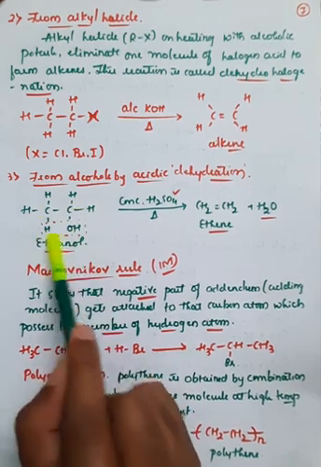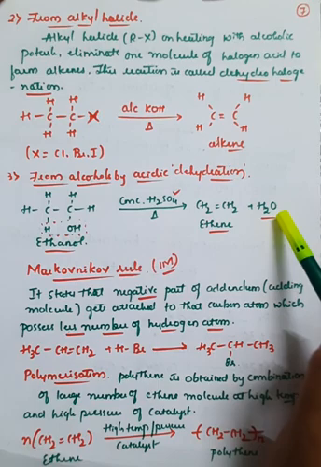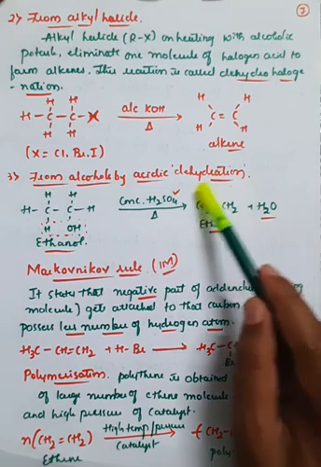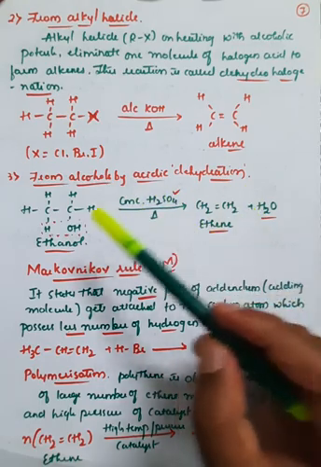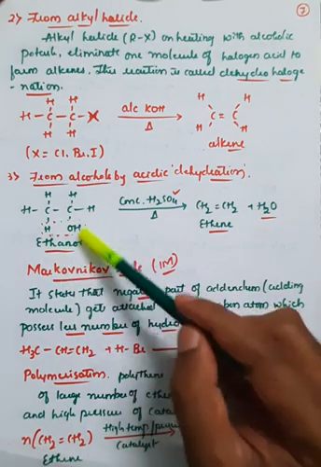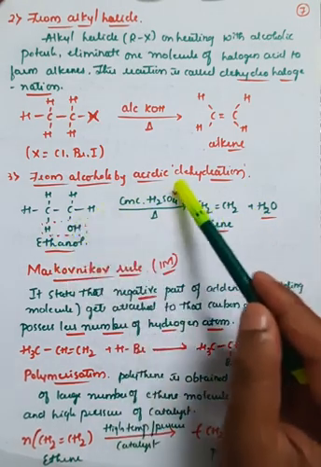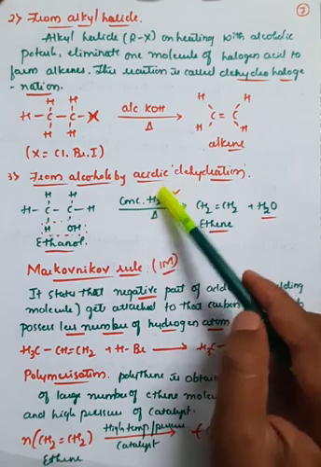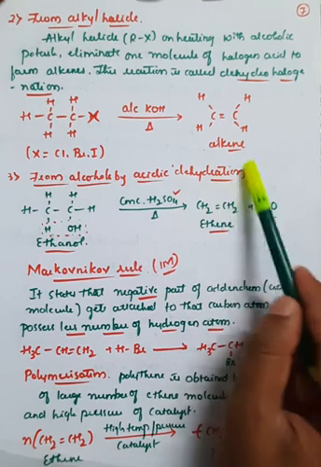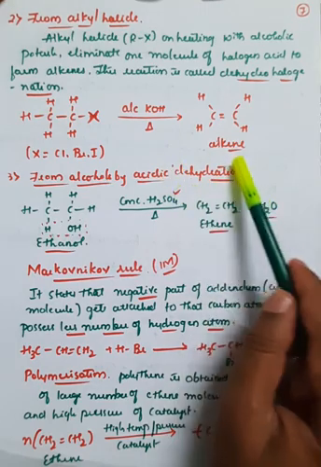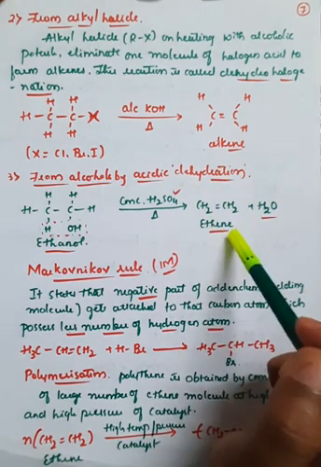Whenever these two combine, they convert into a water molecule as a side product, and there is preparation of ethene as the main product. Whenever alcoholic compounds like ethanol are reacted in an acidic medium, there is removal of water. This removal of water is called dehydration, so with the help of dehydration also we can prepare alkenes.